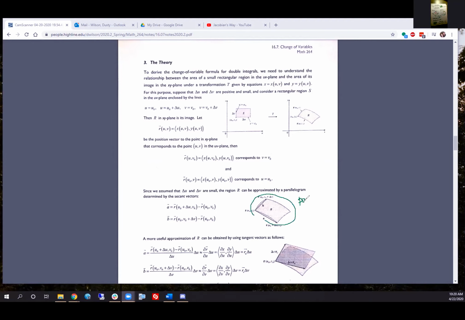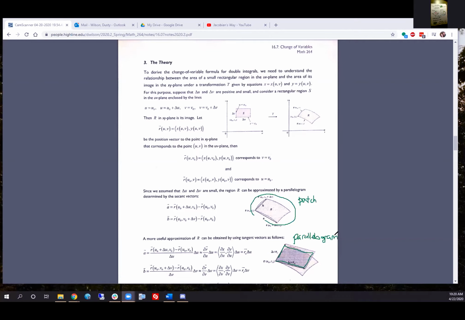It ends up being called a patch. And we say that patch is approximately a parallelogram.